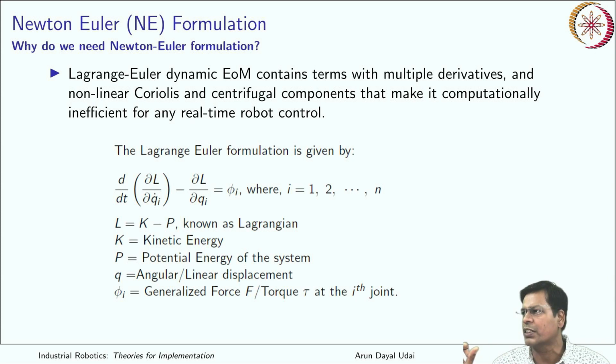So it includes quite a lot of derivatives, and there are nonlinear terms, Coriolis terms and centrifugal components, that make it computationally inefficient for any real-time robot control, because you need to take the derivatives, and taking derivatives digitally using programming is not that computationally easy. That is what limits the Lagrange-Euler formulation from being used directly in any control system, apart from offline simulation and the like.